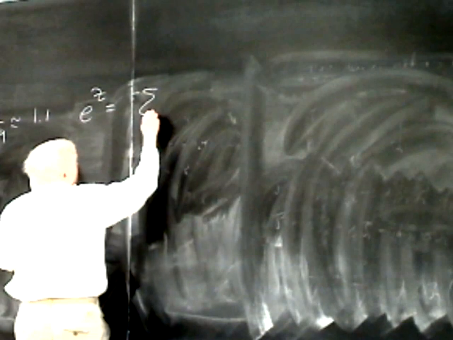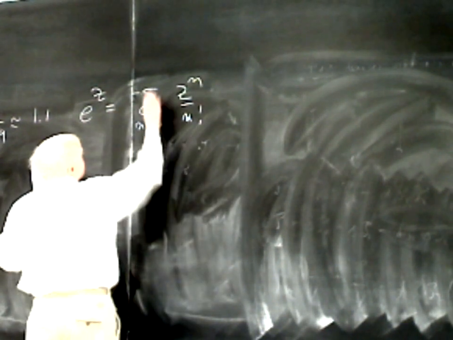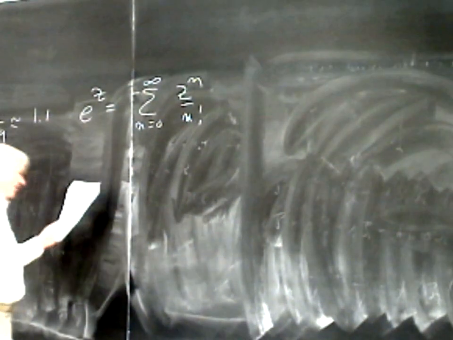Okay, another example, the exponential power series, e to the z. This is just the sum of z to the n over n factorial, n equals 0 to infinity. Well, this is a superbly convergent function because these 1 over n factorials are just remarkable.